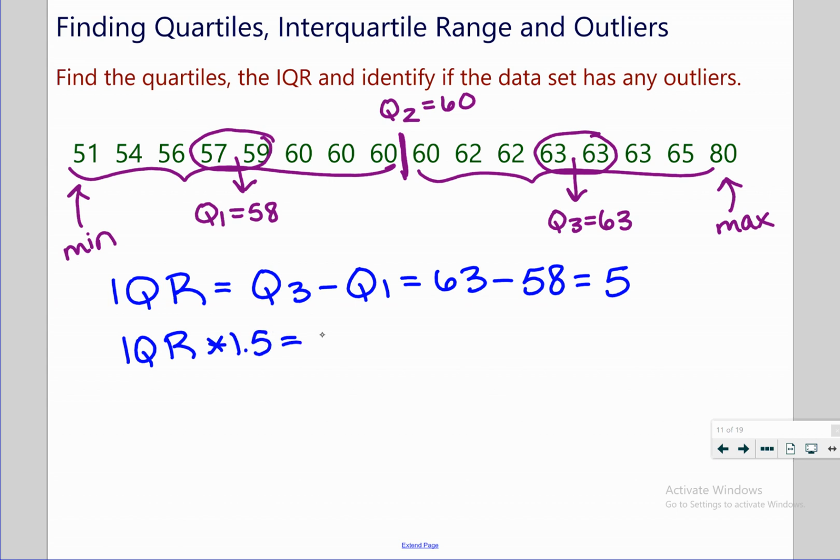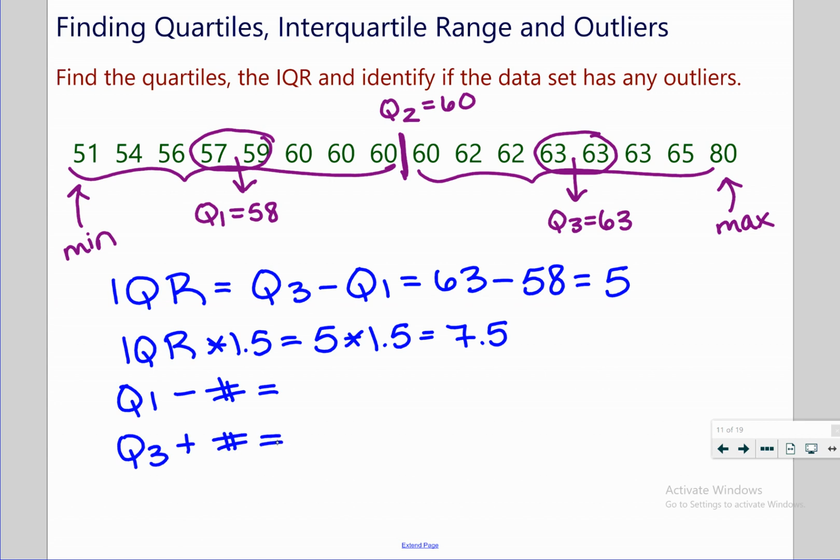So in this problem, that's 5 times 1.5, which is 7.5. Then we take Q1 and subtract that number, and take Q3 and add that number. So our Q1 was 58, subtract 7.5. Our Q3, 63, add 7.5.